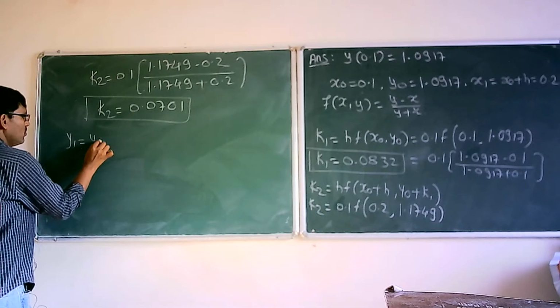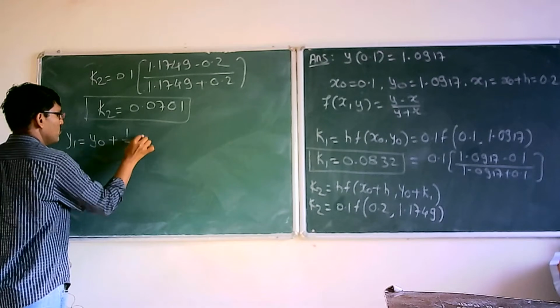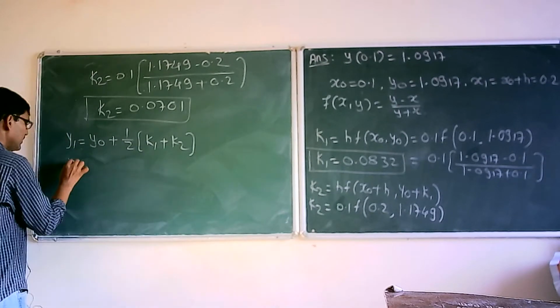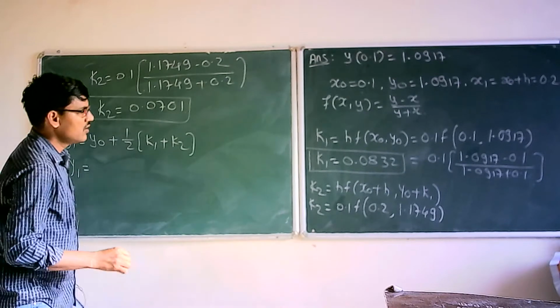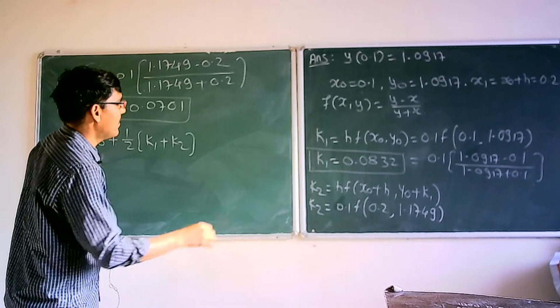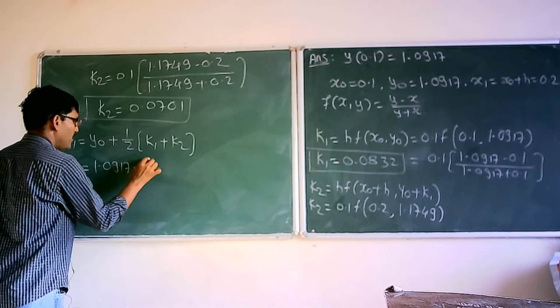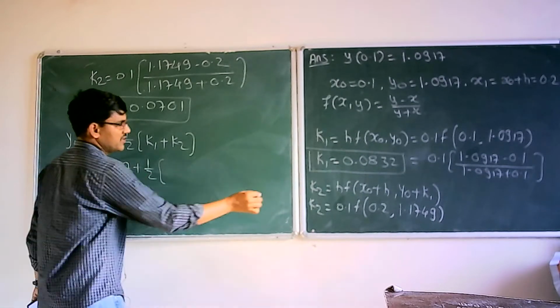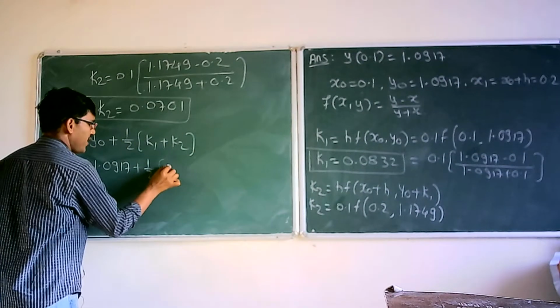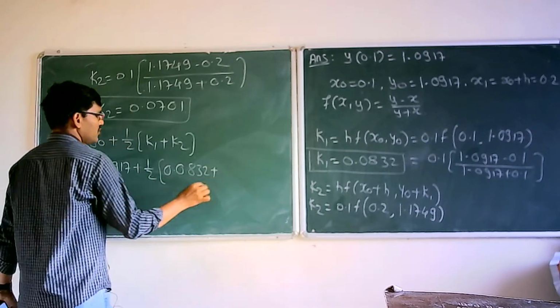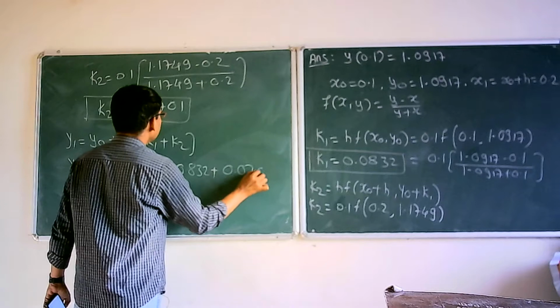Y1 is equal to y0 plus 1 by 2 (K1 plus K2). So y1 is equal to y0, which is 1.0917, plus 1 by 2 times K1, 0.0832, plus K2, 0.0701.